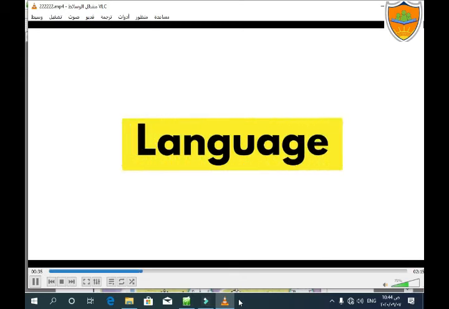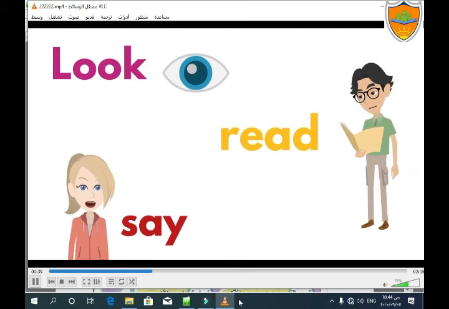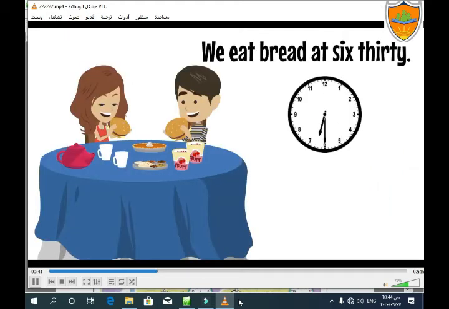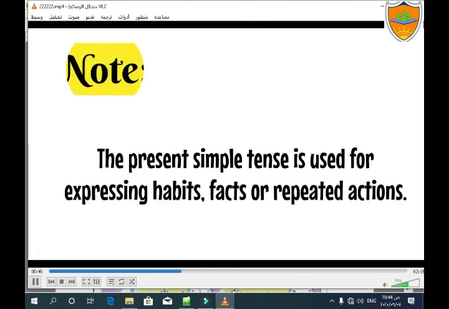Language. Look, read, and say. We eat bread at 6:30. She eats lunch at 2:30. Note, the present simple tense is used for expressing habits, facts, or repeated actions.